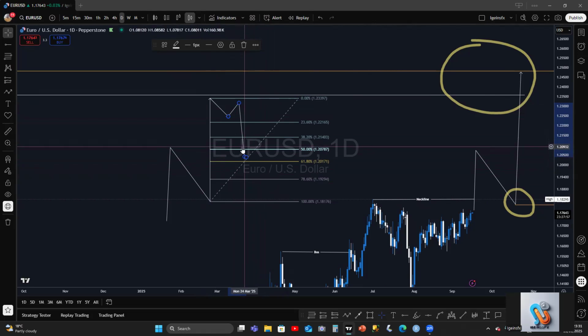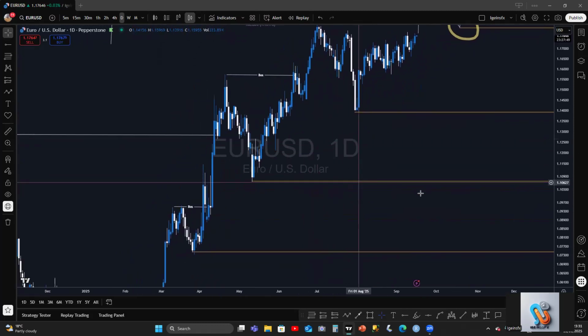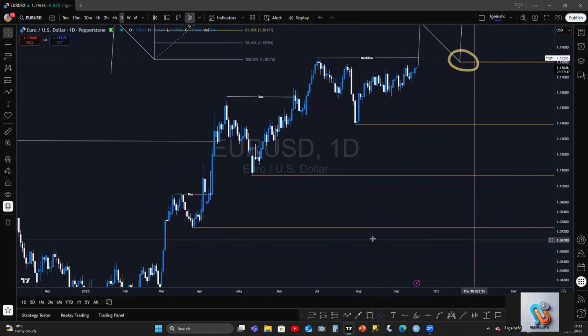engulf the previous candle. What do I mean? We now see price started pushing back to this point, and finally this level now holds.